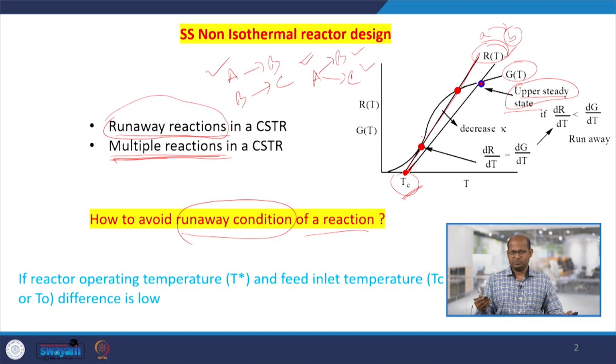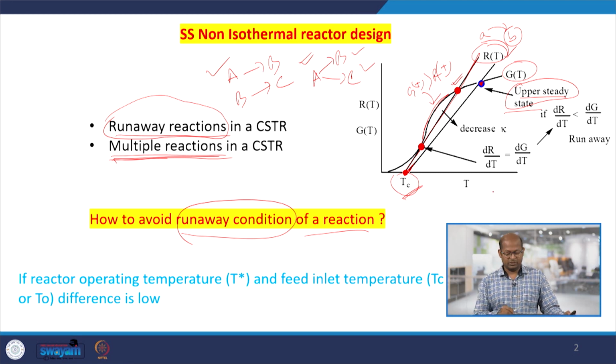But if somehow a slight temperature increase occurs, the heat generation term would be more. You can see that at this particular point heat generation is more than heat removal. So with a slight increase in temperature, this steady state will be disturbed and the reactor will operate at this temperature. This is sufficiently high, and is not expected or desirable.